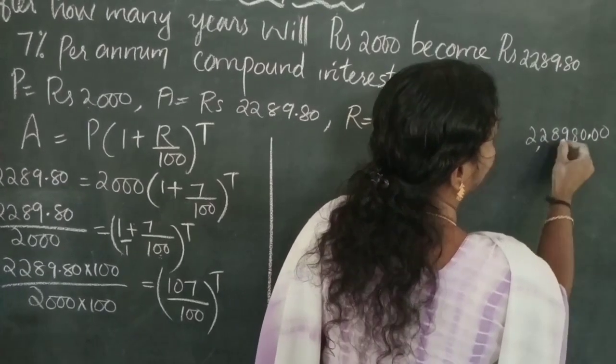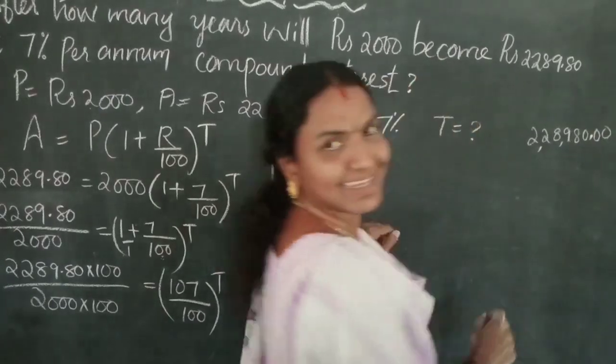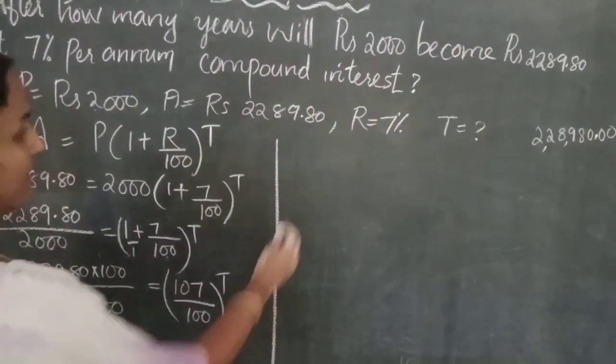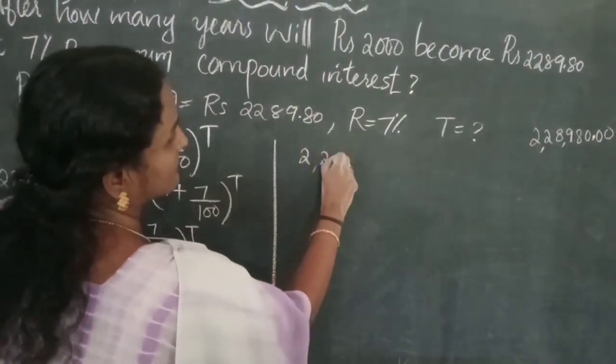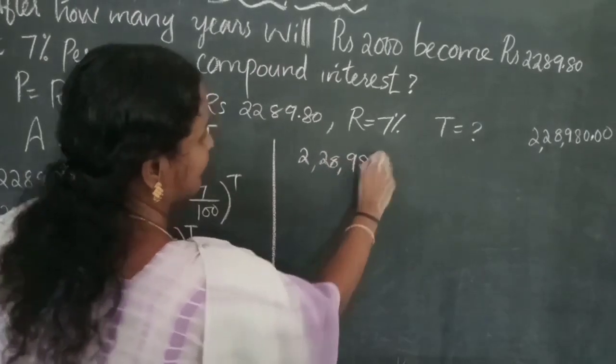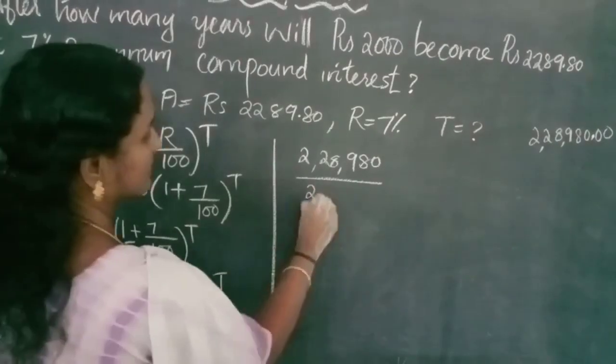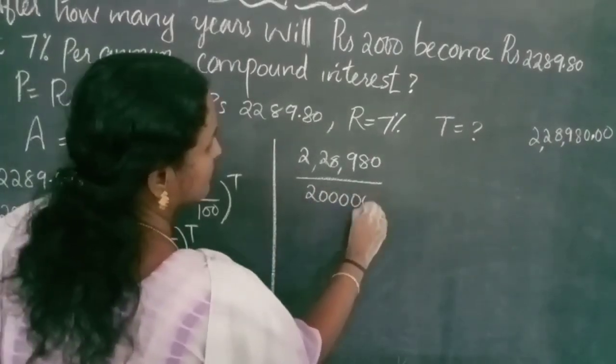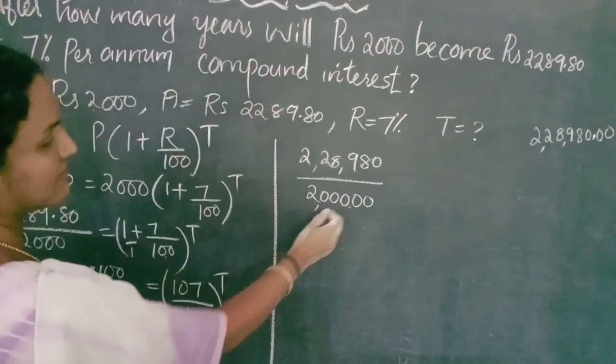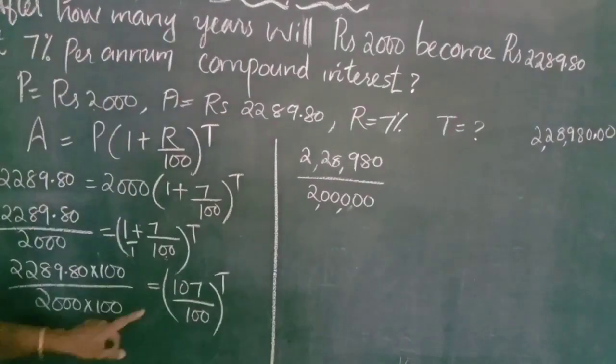So 2,28,980 divided by 2,000 into 100. So 5 zeros.